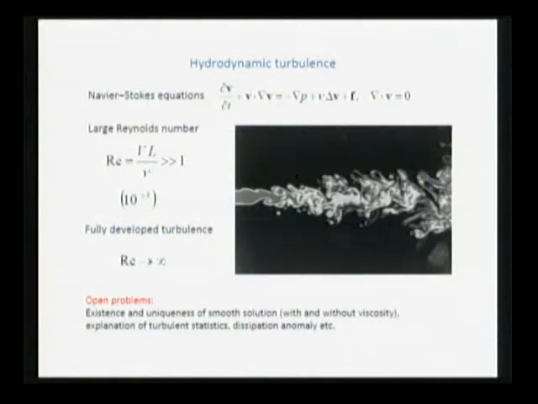All the questions revolve around the Navier-Stokes equations, incompressible flow, and we're interested in understanding developed turbulence, which means that we're interested in what happens in the limit of high Reynolds numbers. And there are a lot of open questions. Essentially, any big question you pick up is an open one.